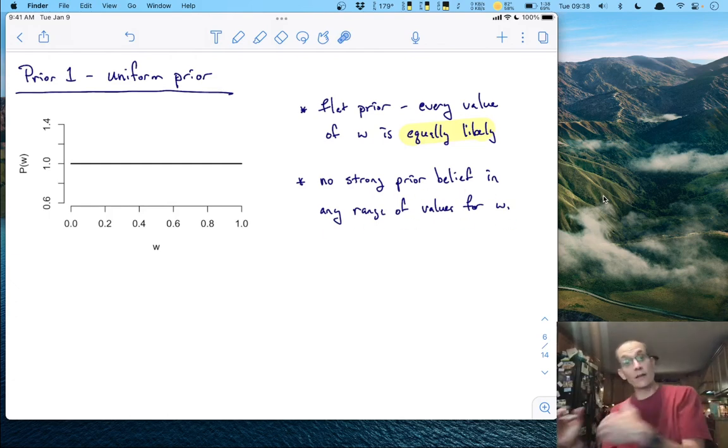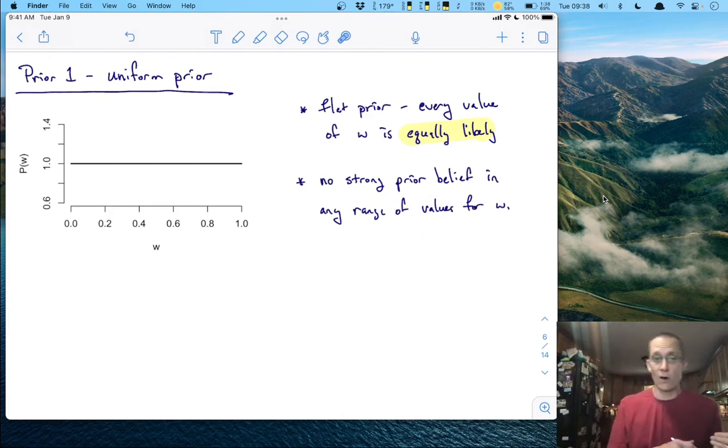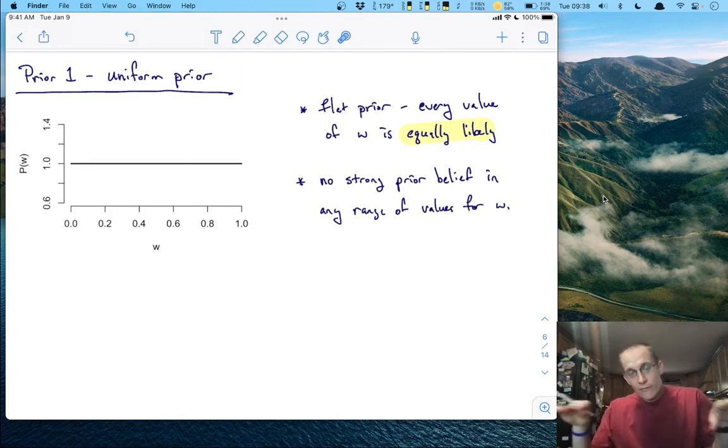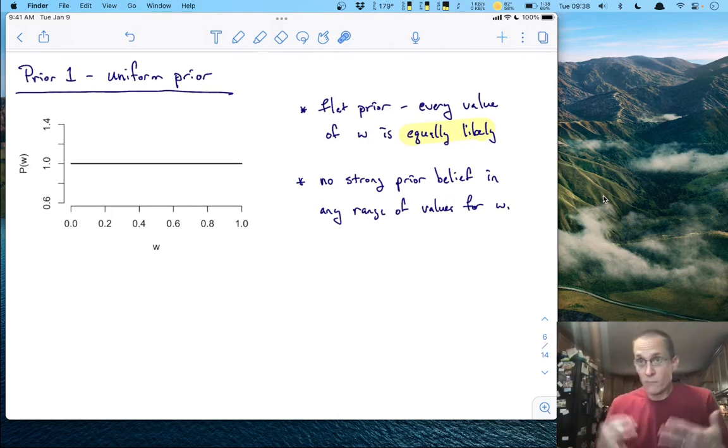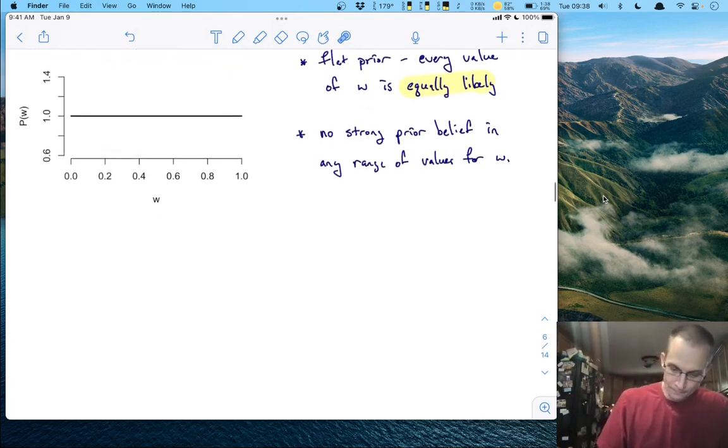They don't think that bigger values of W are more likely than smaller values or vice versa, or that these middle values are more likely than the outside values. No, it represents the idea that every value is equally likely, okay? So it's called a diffuse or flat or uniform prior. Okay. Now, is that a good prior? Well, I don't know. We'll talk about that in just a second.